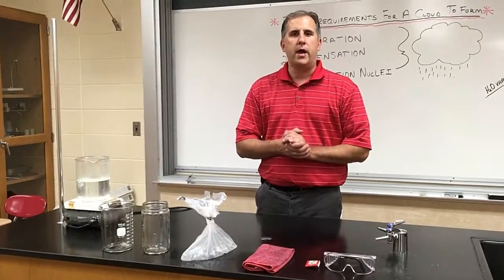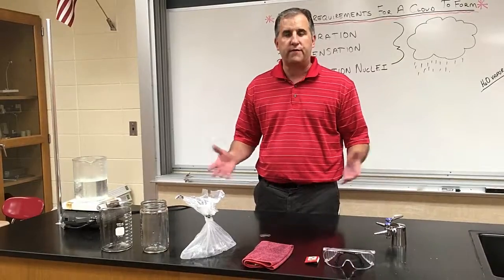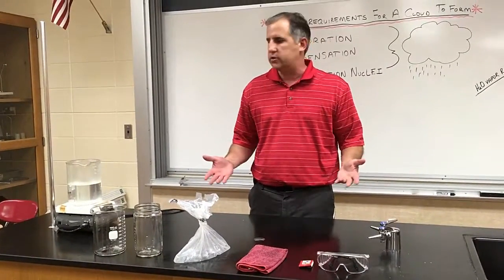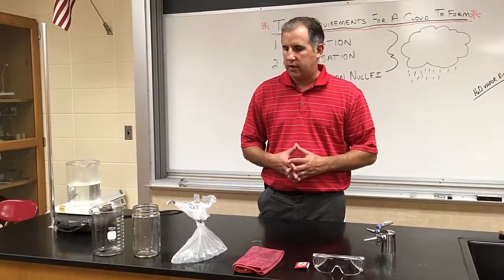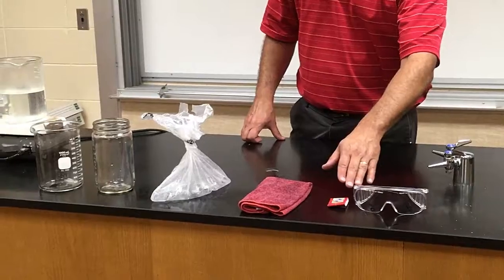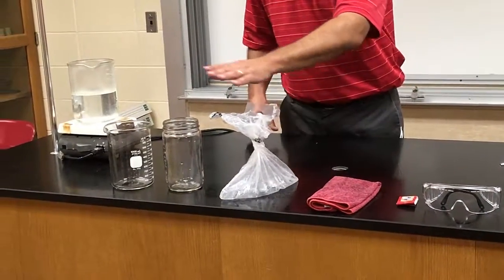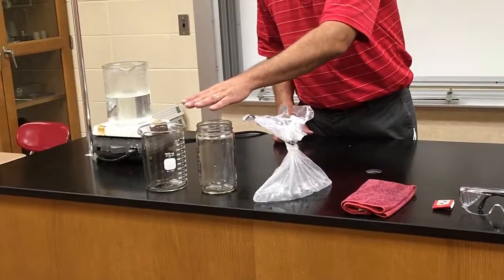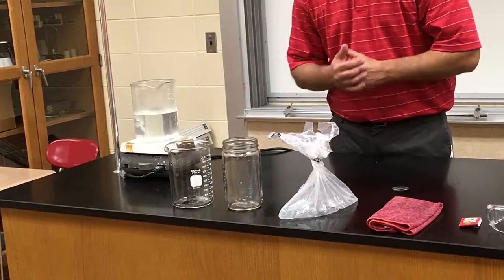Okay, so let's go ahead and create a cloud. We've already talked about the components necessary for a cloud to form. Let's go ahead and do one in the lab. First, let's go over the supplies needed for the lab itself. We have safety goggles, a book of matches, a rag, a bag of ice, 2 empty jars, and a boiling beaker of water.